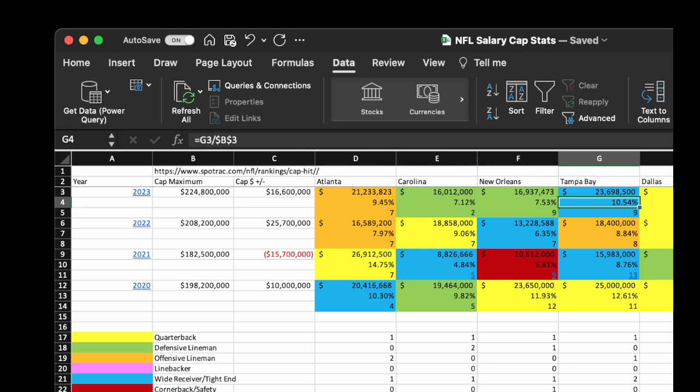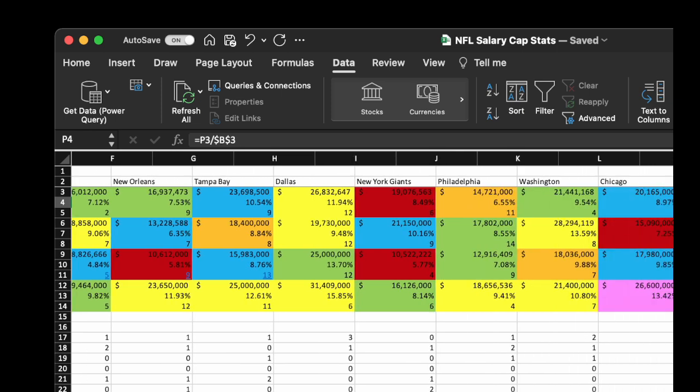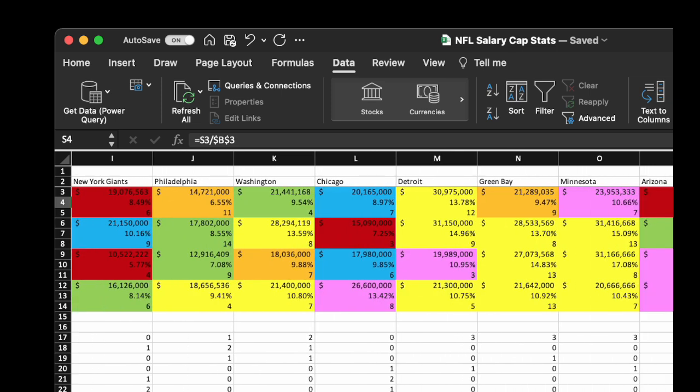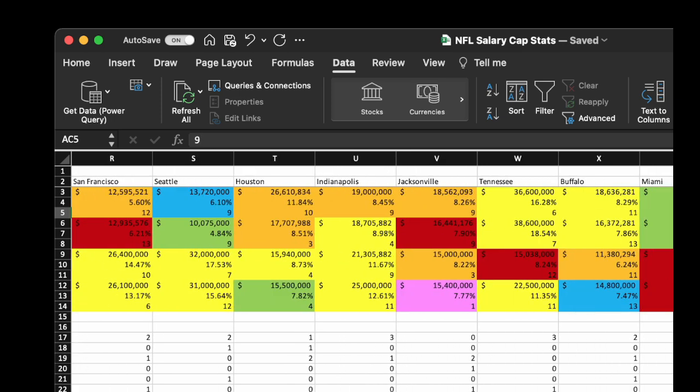So, if we look at some of the favorites here, let's stay in the NFC. If we go to San Francisco, you can see their highest paid player was an offensive lineman at 5.6%. Now if we go over to the AFC, the favorite would be Baltimore, Buffalo.